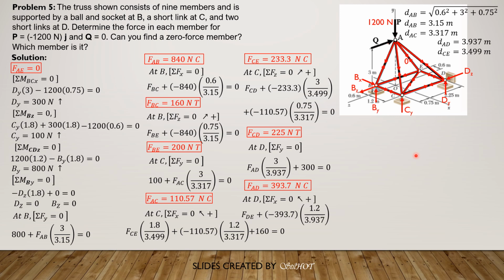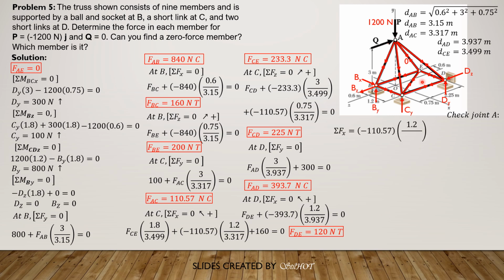Then summation forces along X equals 0. Then positive in the negative direction of X. So we have FDE plus negative 393.7 times 1.2 over distance AD, which is 3.937 equals 0. So FDE is positive 120 newtons tension.